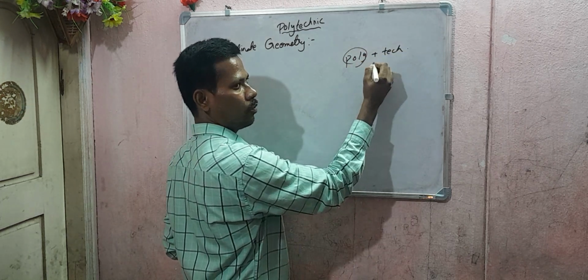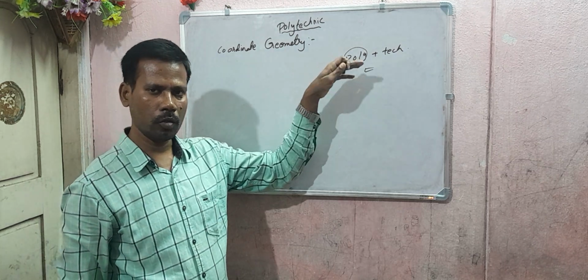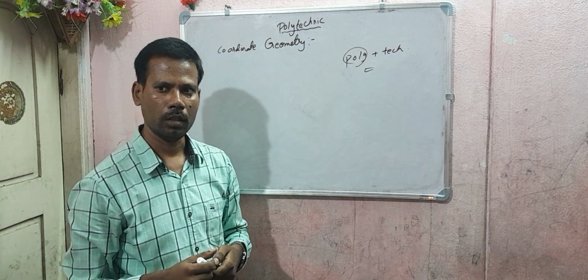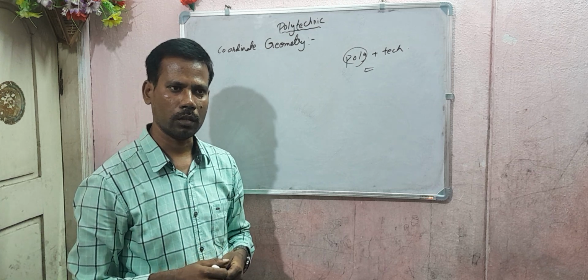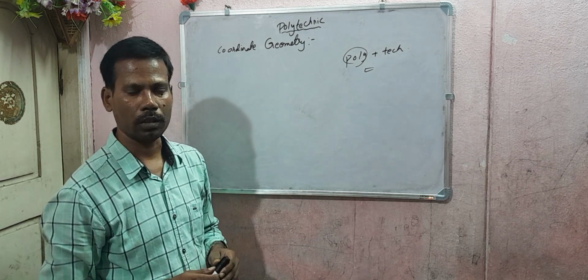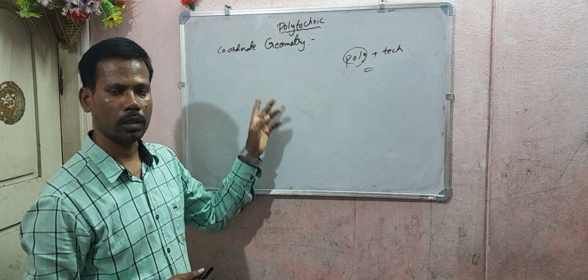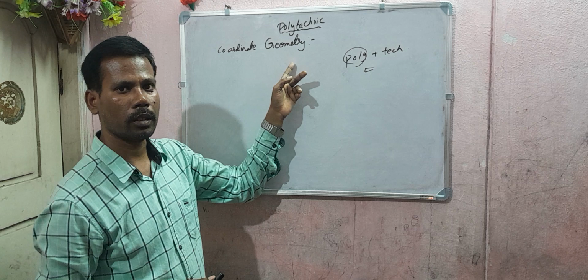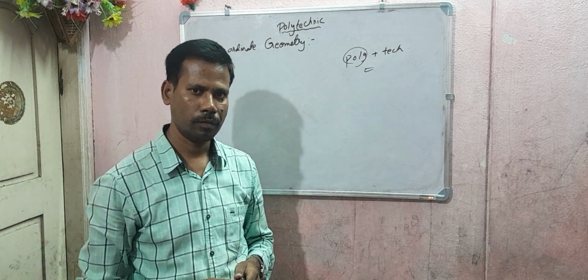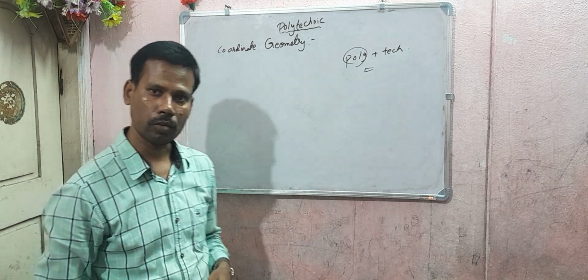That means you will be specializing in many things like civil engineering, computer engineering, and so on. Let us take the first topic as coordinate geometry, and we'll be moving in a step by step fashion. So let us begin.